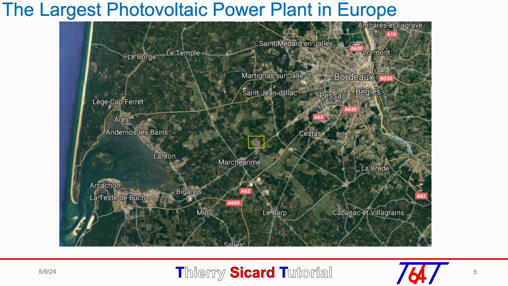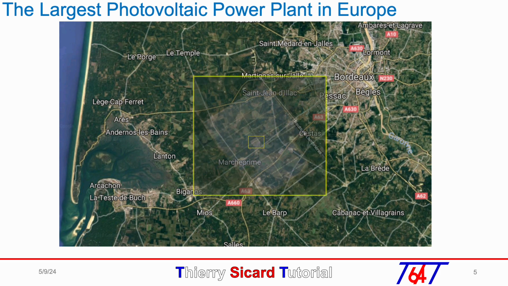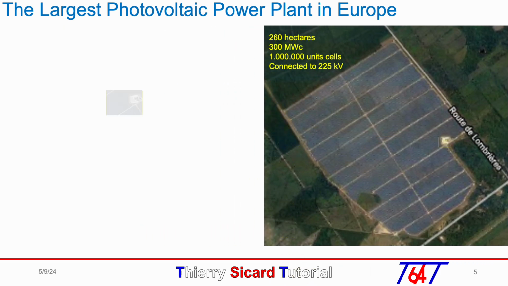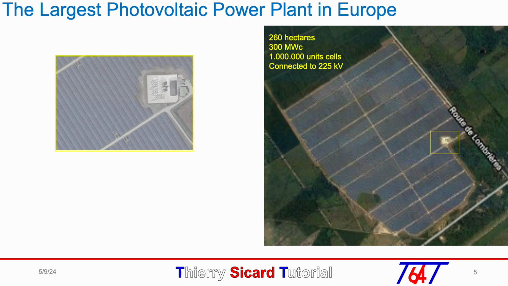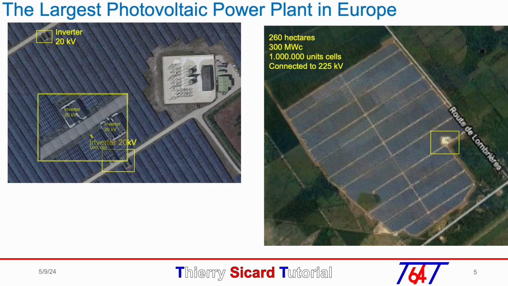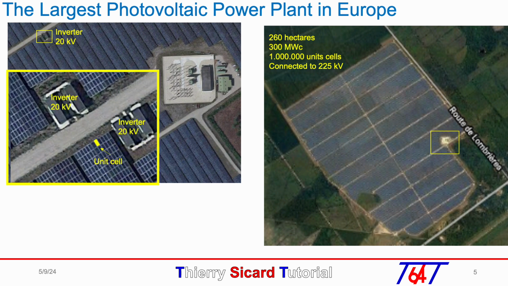Here is an example of the photovoltaic application discovered in 1940. Just between Arcachon and Bordeaux, you can see in the yellow rectangle one of the largest photovoltaic power plants in Europe. If we zoom, we can see an area of 260 hectares with more than 1 million unit cells connected to a 225 kV network and able to produce 300 megawatt peak.